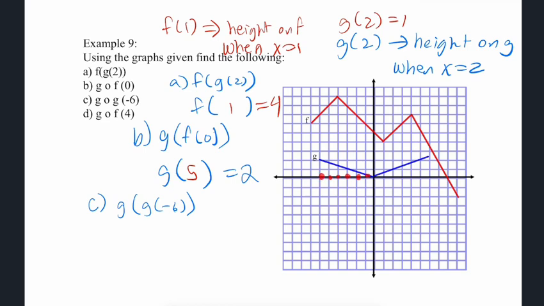What's the height? 2. Now ask ourselves, what's the height on the g function when x is 2? So what's the answer? 1.